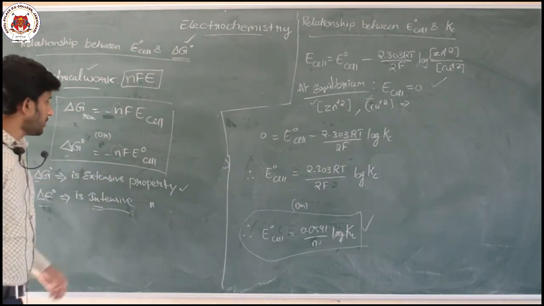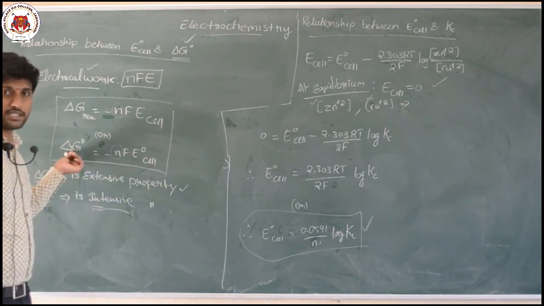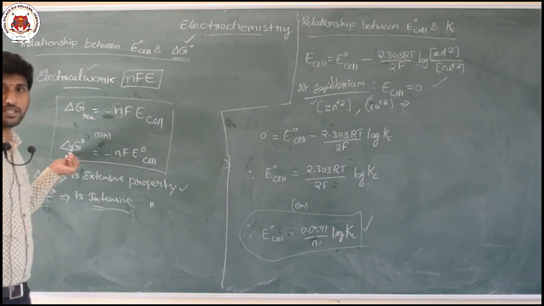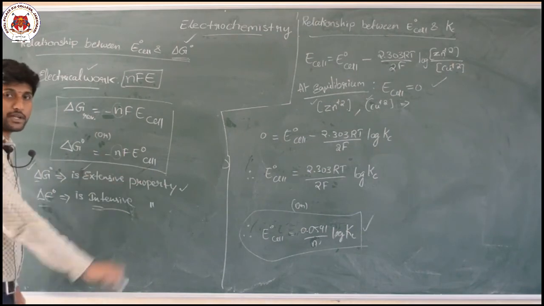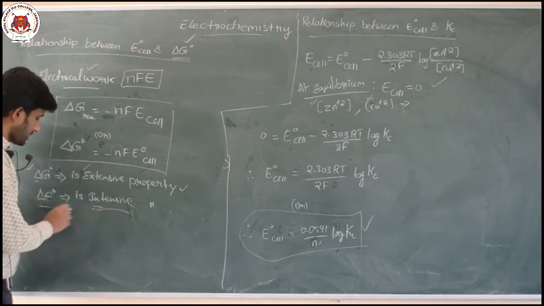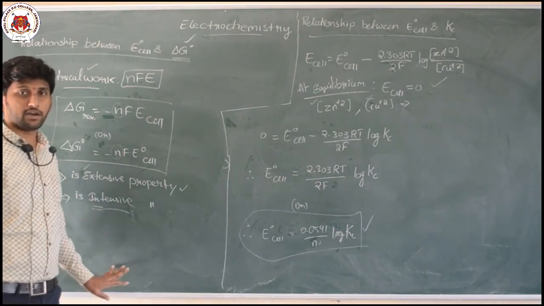The more the amount of compound you take, the more the delta G, and the fewer the moles you take, the lesser the delta G. So, delta G is an extensive property, it depends upon the number of moles. E naught is an intensive property, it does not depend upon the number of moles.